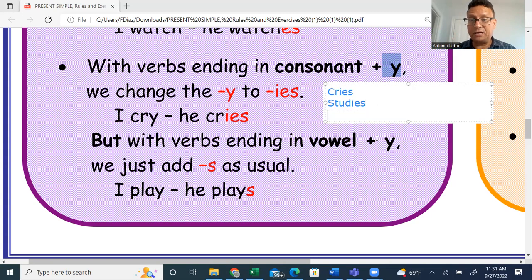Right? But if the verb finishes in Y and it has a vowel before it, like the word play, we play soccer, we play the guitar. The end is Y, but it has a vowel before the Y. We only add S. I play, he plays.